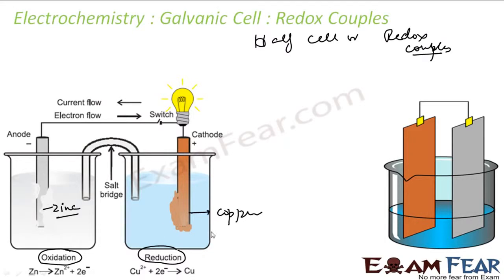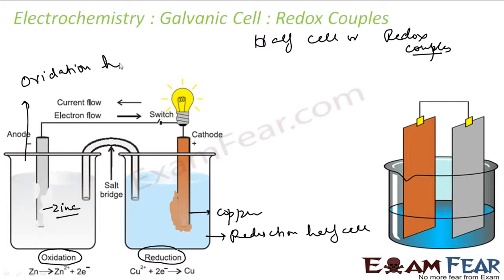This copper is called the reduction half cell because here reduction is happening. And this zinc one is called the oxidation half cell. Correct. So if you see, each of these half cells has a metallic electrode and an electrolyte.